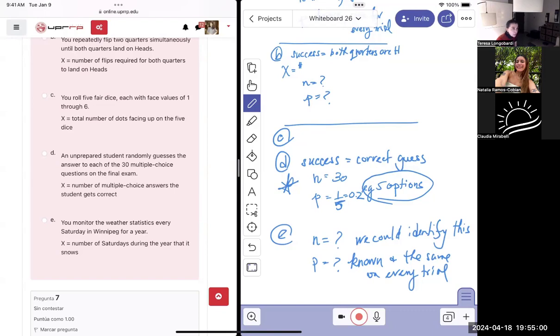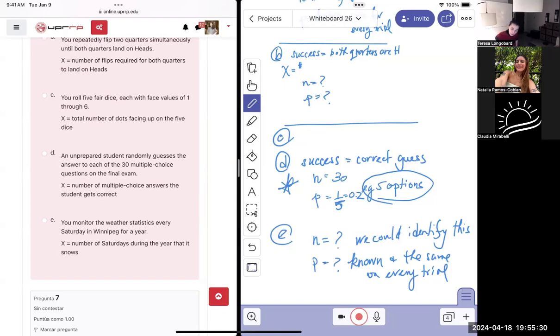What about the March Saturdays? And then the June Saturdays? Is P going to be the same all through the year on every Saturday? What do you think? No, it changes, right?